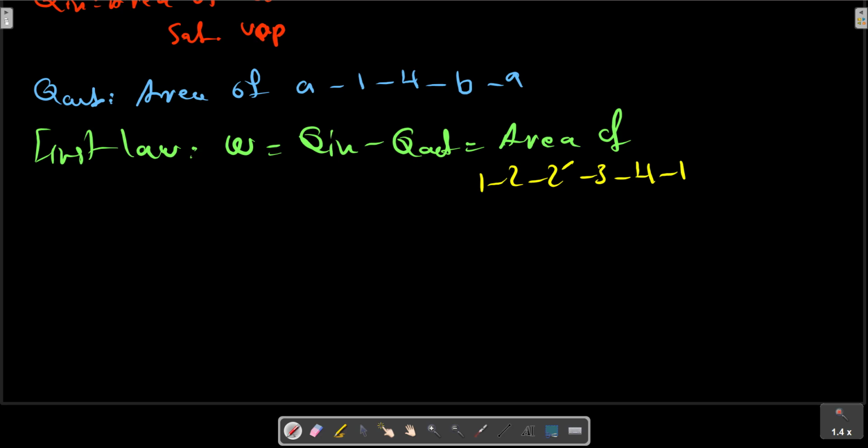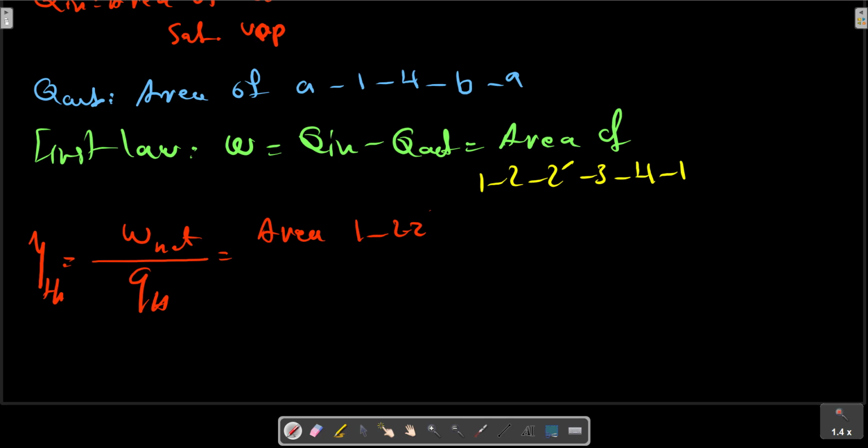As a result, the efficiency is, from the first law, W over Q H, the area of 1, 2, 2 prime, 3, 4, 1 over the area A 2 3 4 B A. For analyzing the Rankine cycle, it is helpful to think of efficiency as depending on the average temperature at which heat is supplied and the average temperature at which heat is rejected.